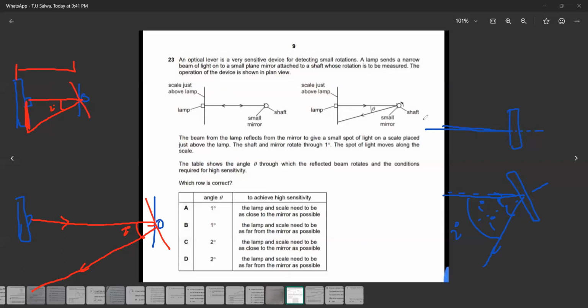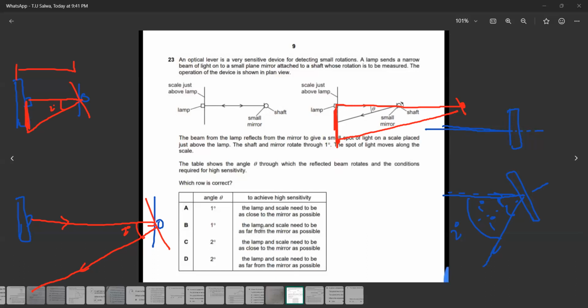Is it clear? Sensitivity means a small change in a measurement can be recorded easily. So to make it more sensitive, we should increase the spacing. When the lamp is far from the mirror, and the reflection happens for 2 degrees, the change in the length will be more.